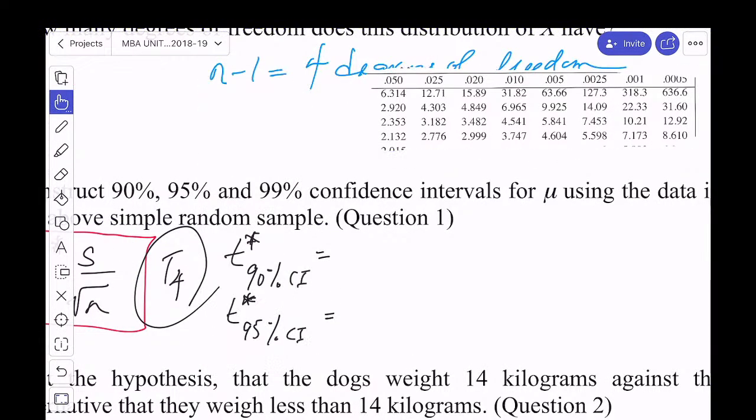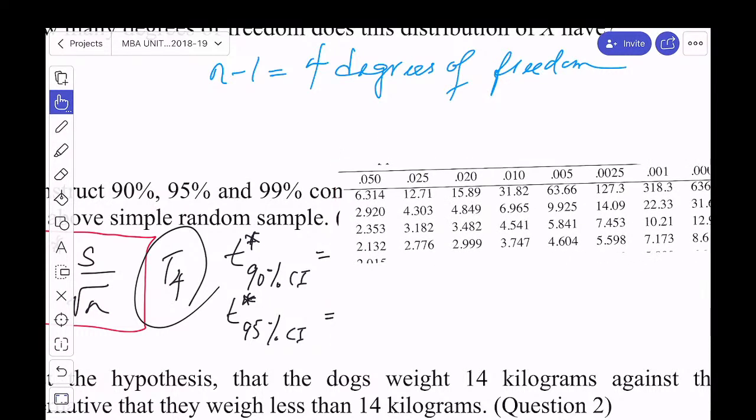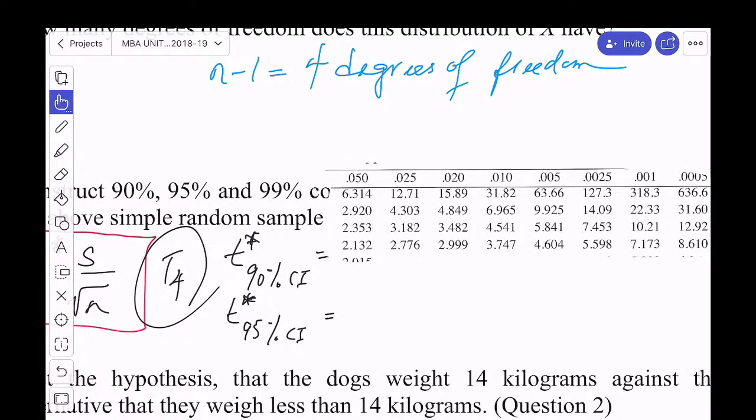Okay, so these are the values from the table, right? And these are the upper tails. Because this is the upper tail, this corresponds to 90% confidence.